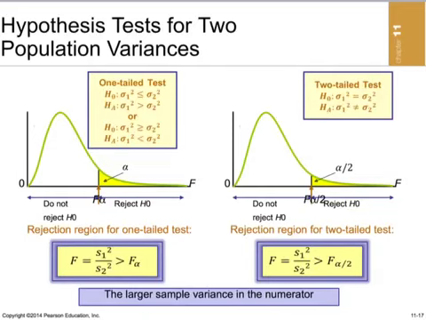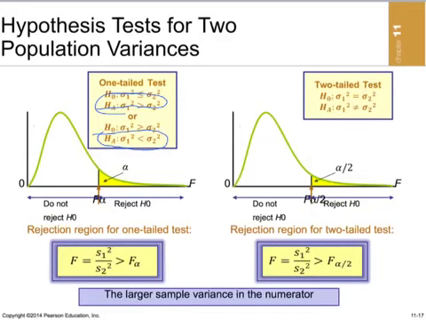So if we're testing the hypothesis where we have a directional F test, that means, for example, either the variance from population 1 is greater than population 2, as you can see in this case right here, or the variance from population 1 is less than population 2, as you can see in this case right here, then we will do a one-tailed test.